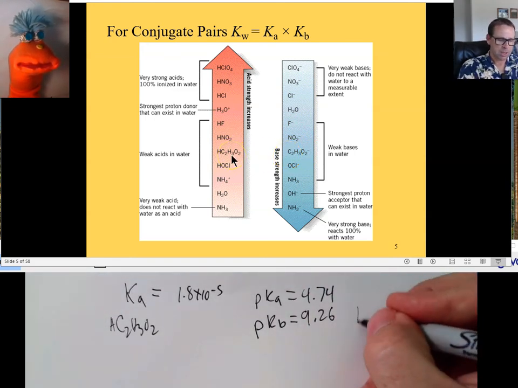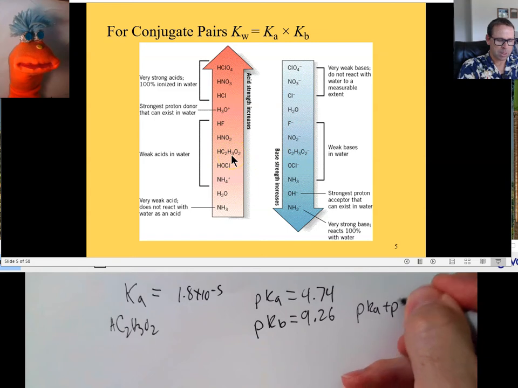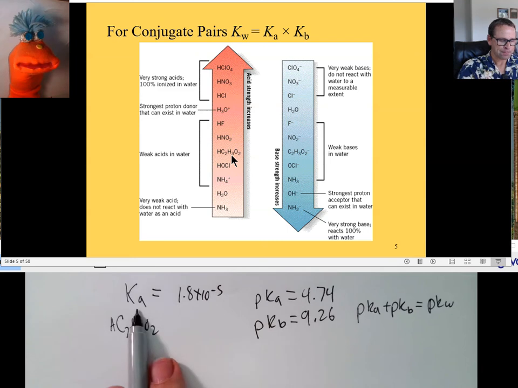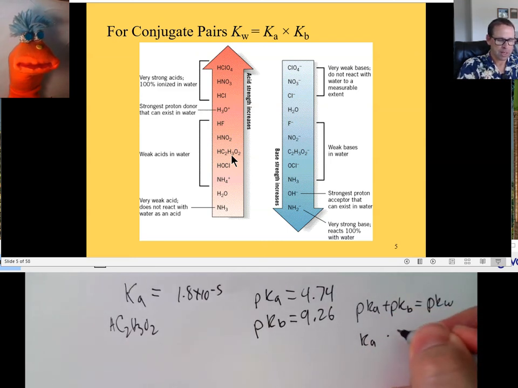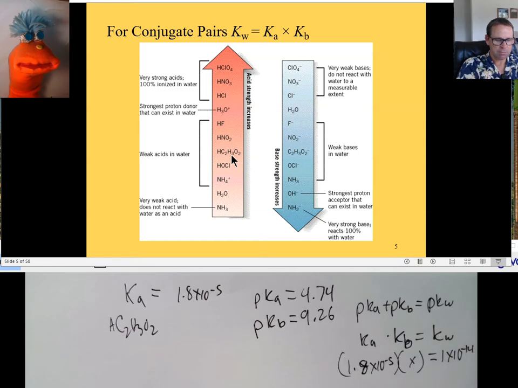Again, pKa plus pKb for its conjugate base equals pKw. Also, Ka times Kb of the conjugate base equals Kw. So Ka, 1.8 times 10 to the minus 5 times Kb equals 1 times 10 to the minus 14.